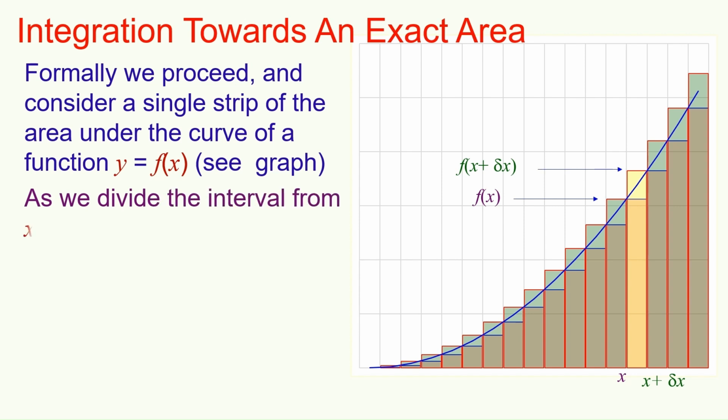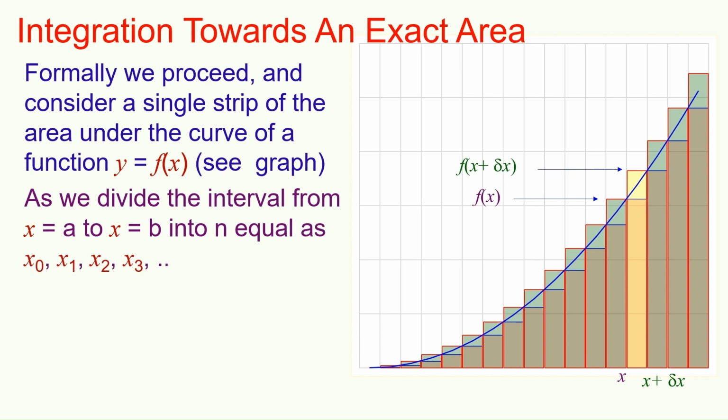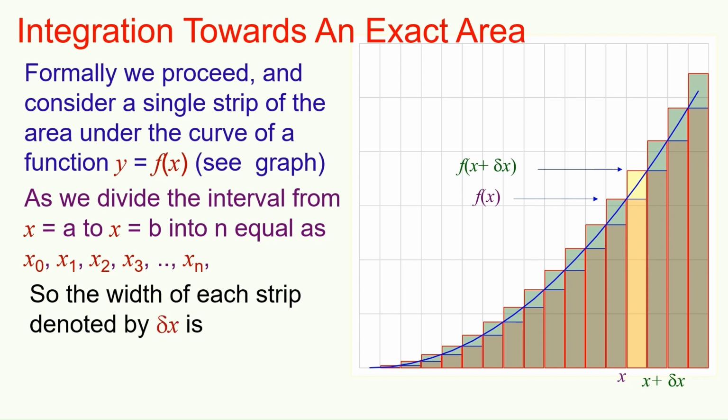As we divide the interval from x equals a to x equals b into n equal parts as x0, x1, x2, x3, xn, the width of each strip, denoted by delta x, is b minus a divided by n equals delta x.